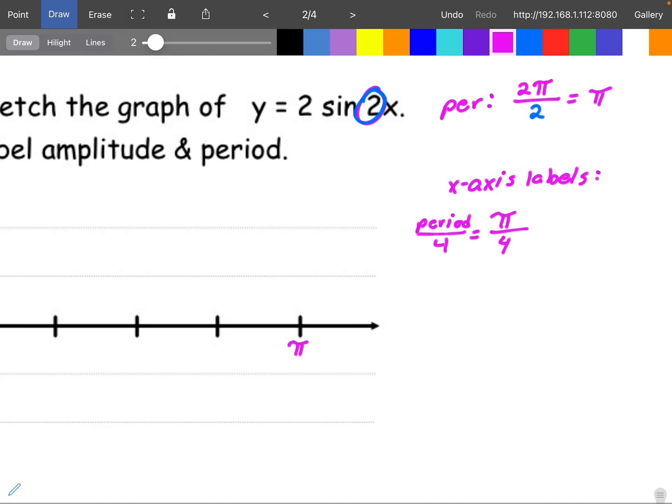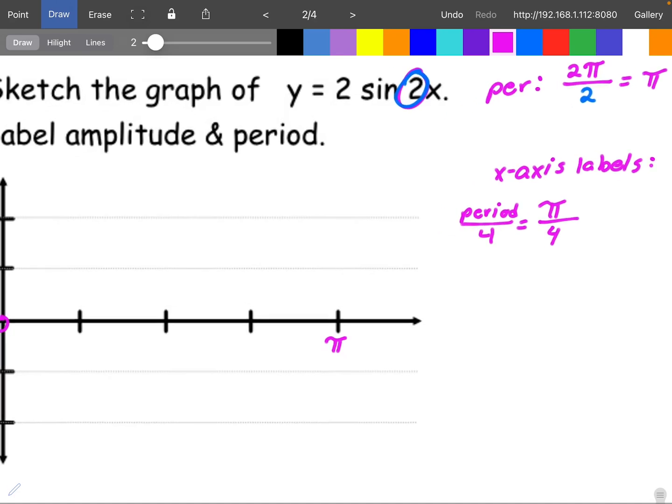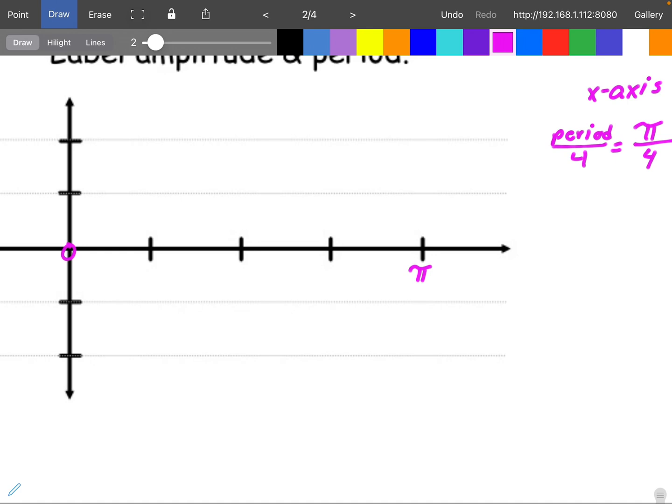Our period for this problem is supposed to be pi, so that means pi divided by 4 is just pi over 4. So that is how we're going to label our x-axis. So this first one after 0 should be pi over 4.